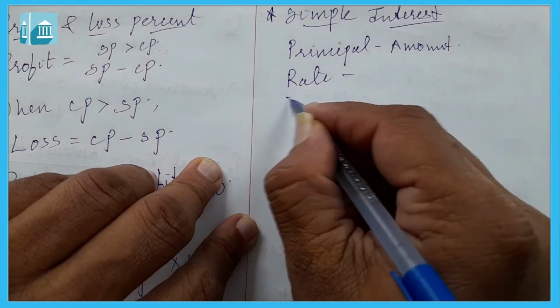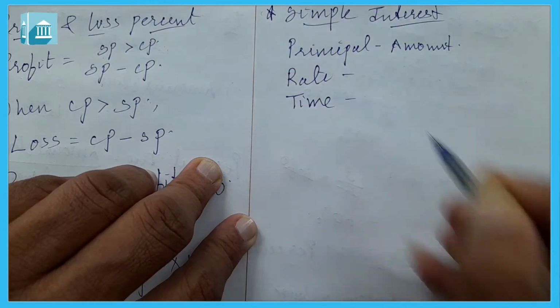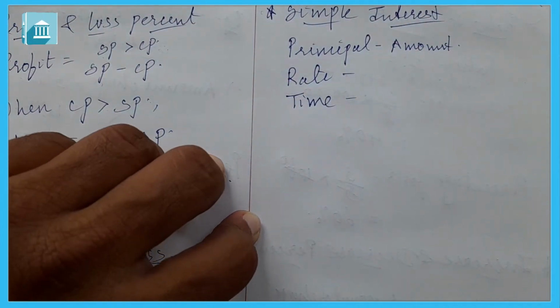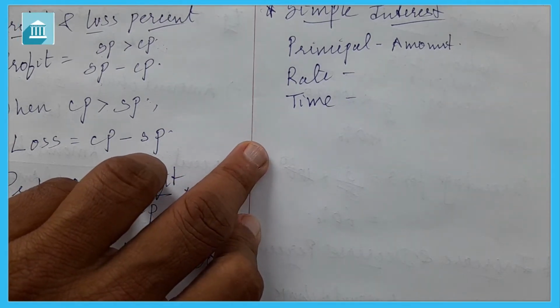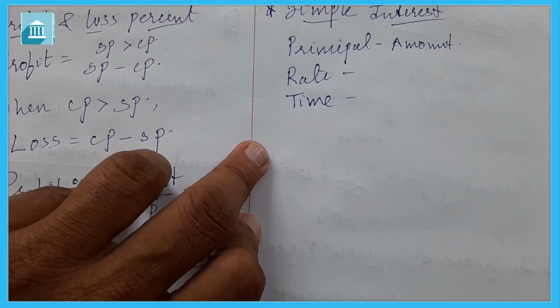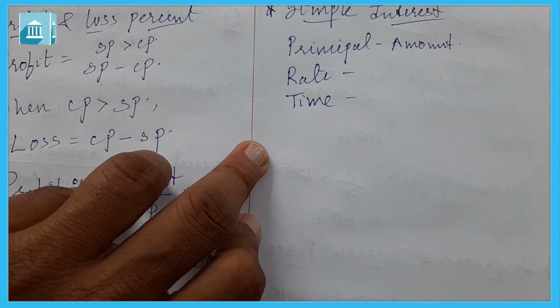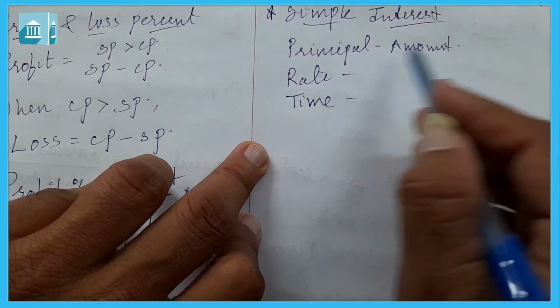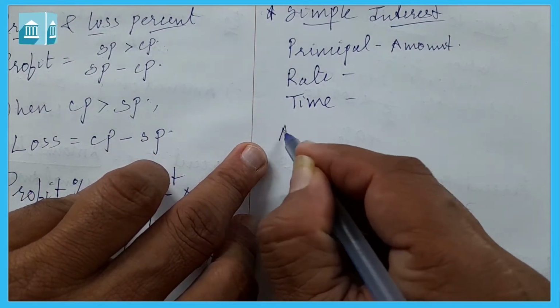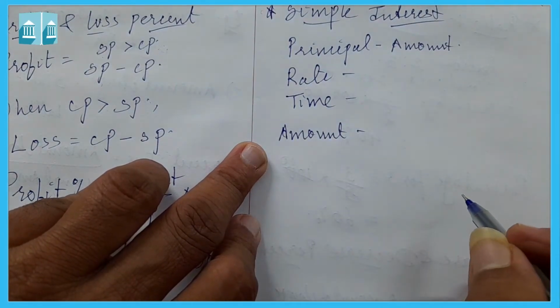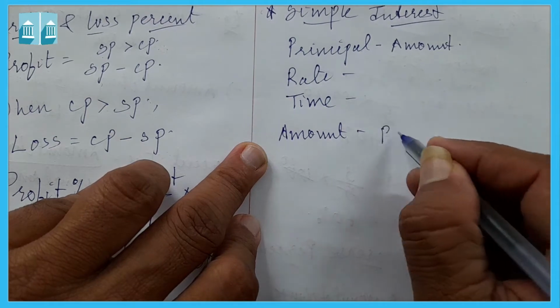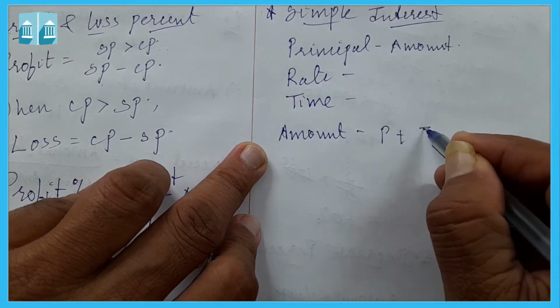Then comes time. Time means for how much time you had borrowed the money or deposited the money. And then comes amount. Amount means the final amount you got, that is principal plus simple interest.